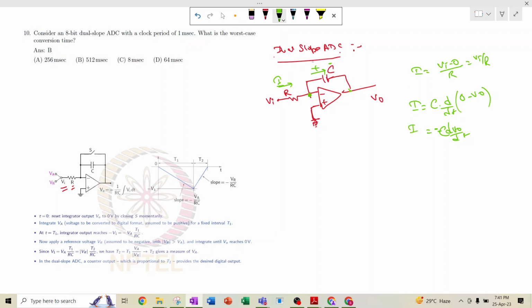So these two I needs to be same because no current is flowing inside the op amp. So here it will be Vi by R equal to minus C dV0/dt. That means minus 1 by RC Vi equal to dV0/dt. That means V0 will be the integration of minus 1 by RC Vi dt. That means minus 1 by RC, if we take common, it will be integral of Vi dt.